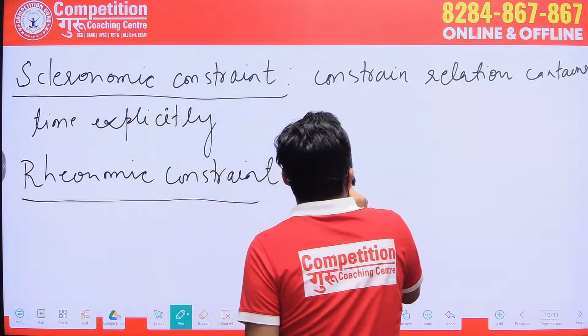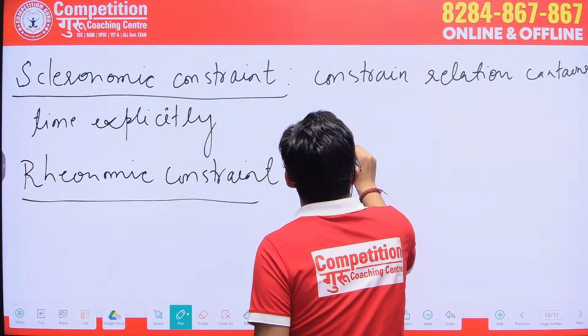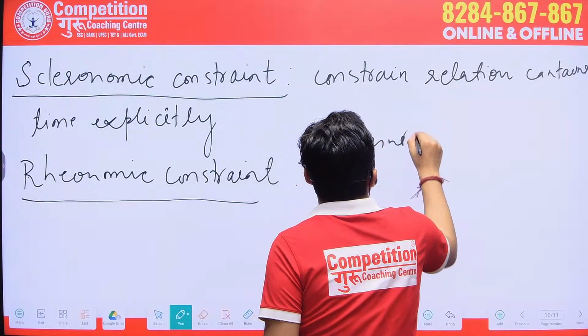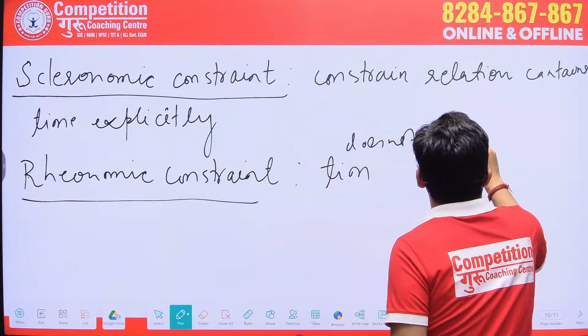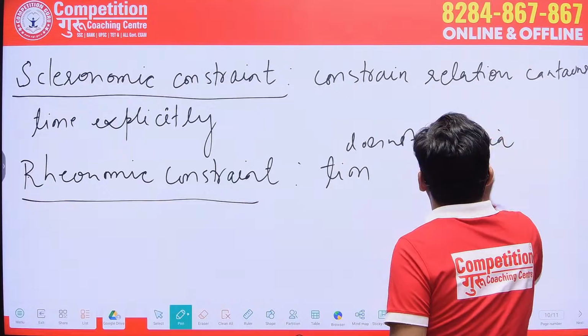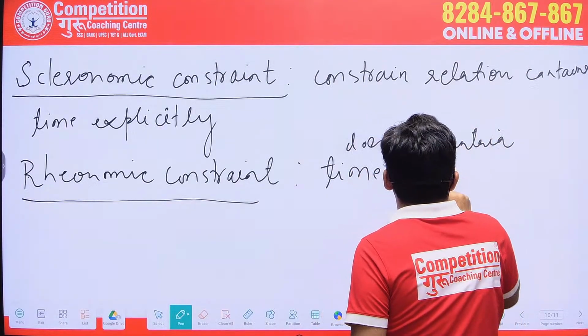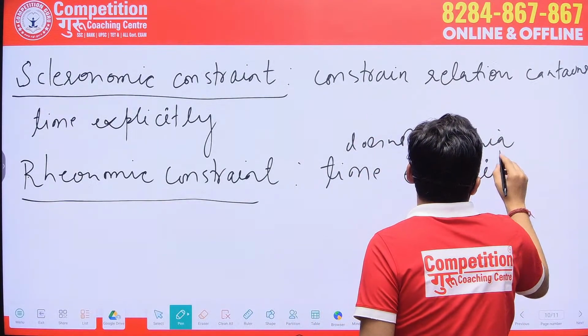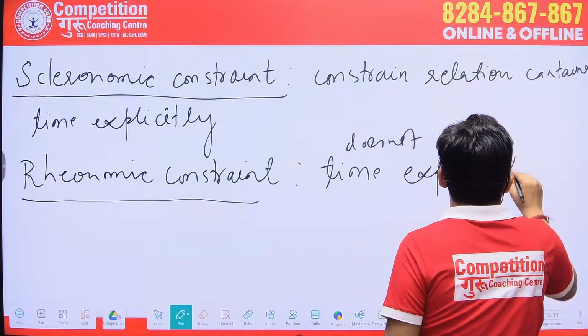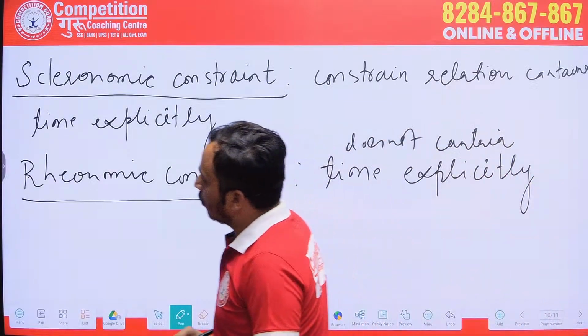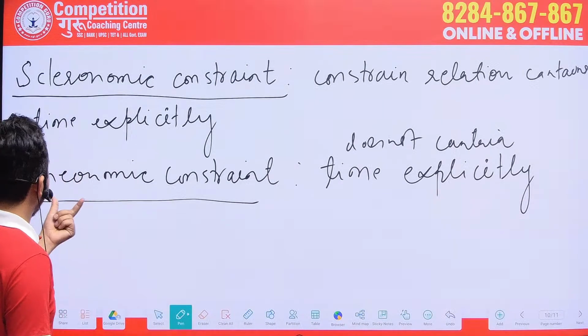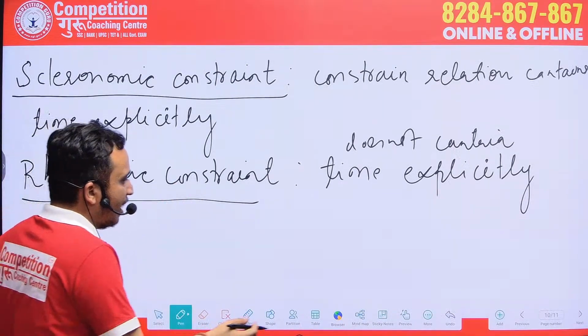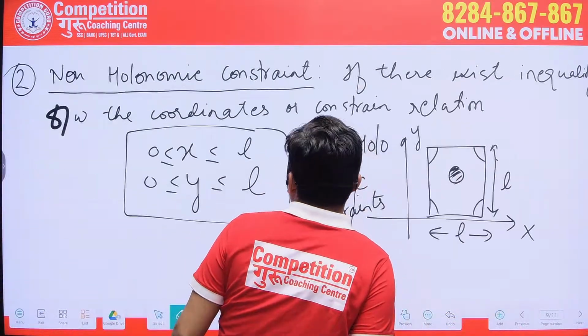In this type of constraint, it does not contain time explicitly. Let us take examples of these two types. For this constraint, we have discussed this example here.